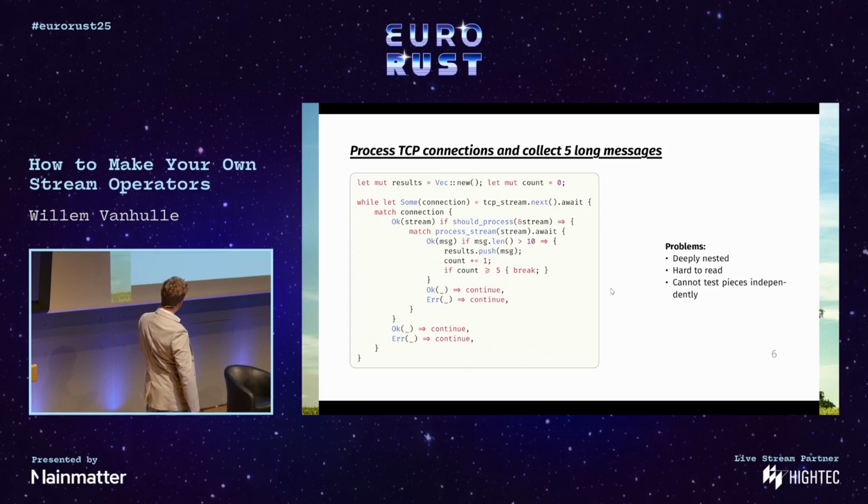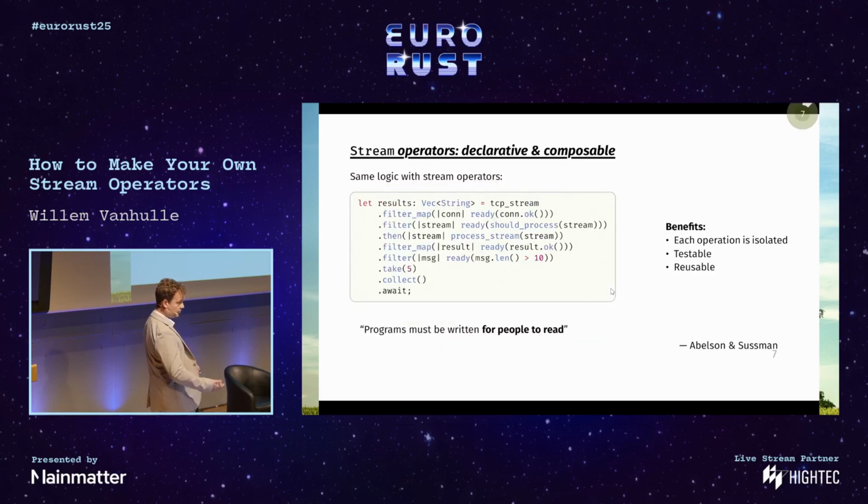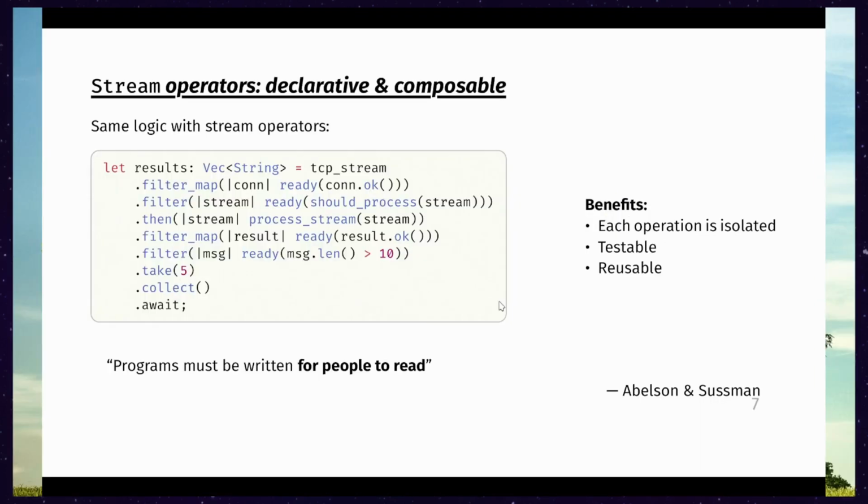So what you could do is switch to the stream trait in Rust and stream operators. So instead of looping over each packet of data, you're going to filter the data or map it and use the typical operators that you know from iterators, but you're going to do it for an async stream.